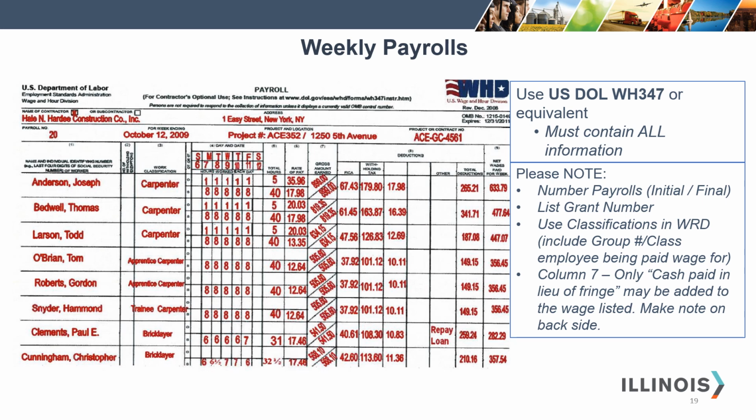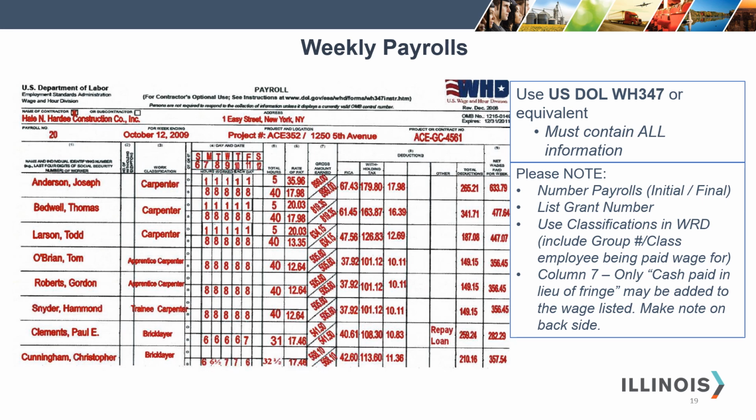So I'm not going to go through the entire payroll form, but I do want to make a couple of notes. Please number your payrolls. Both DOL and HUD strongly prefer and recommend that you number the payroll. The first payroll should be marked as initial, and the last payroll should be marked as final.